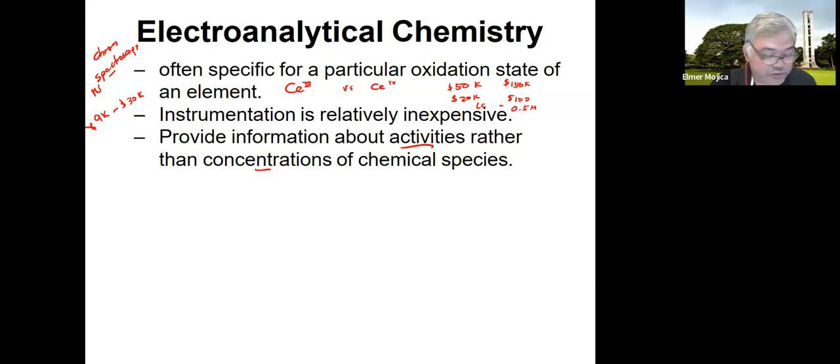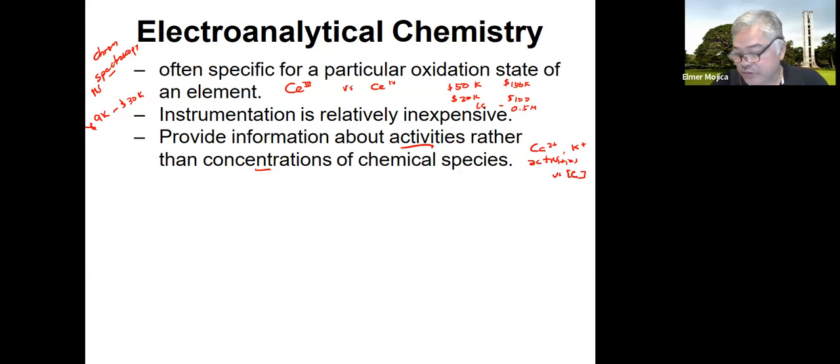Okay, so in physiological studies, the activities of ions such as calcium 2+ and potassium, in our body, are more important compared to the concentration. I'm not sure if you still know the difference between activities versus concentration, because that's the one that we're going to talk about tonight.